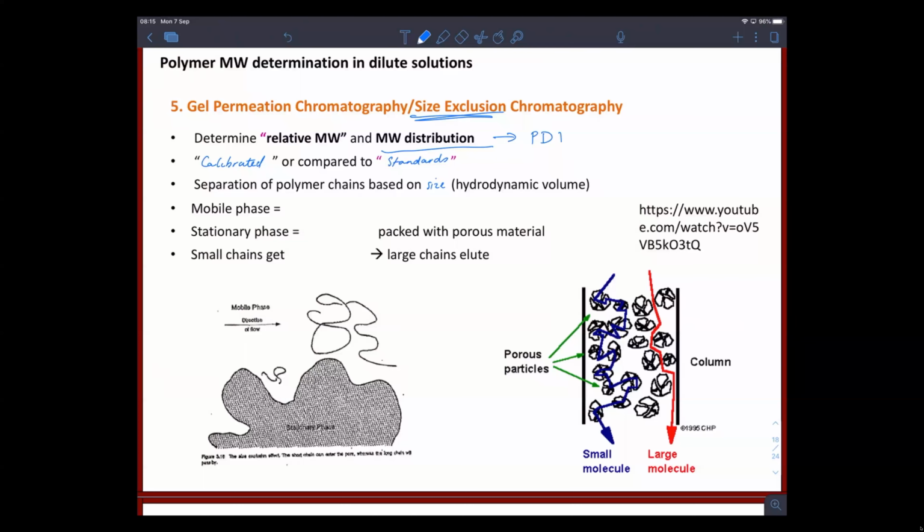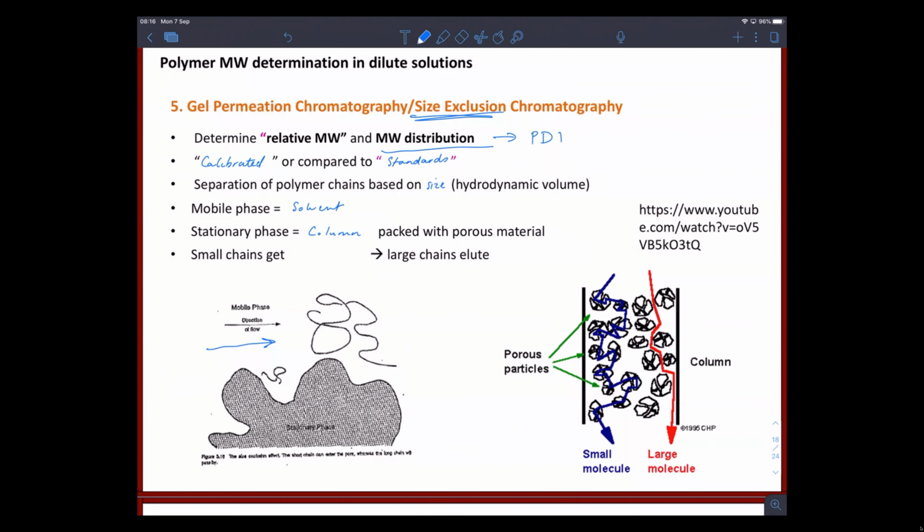Now the mobile phase is the solvent. And the stationary phase is a column packed with porous material. And what happens, as you can see down here, is that this is our mobile phase moving this way. And we've got the polymers of different sizes within that solution.